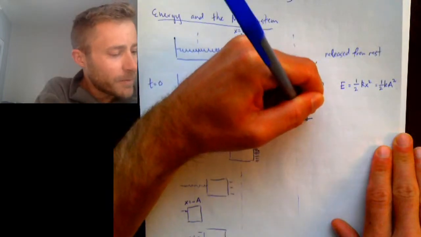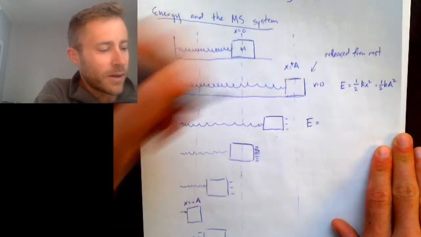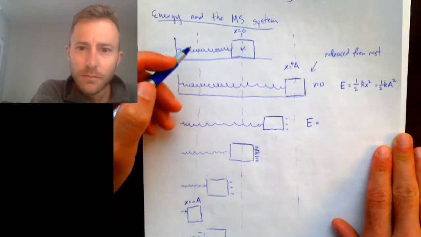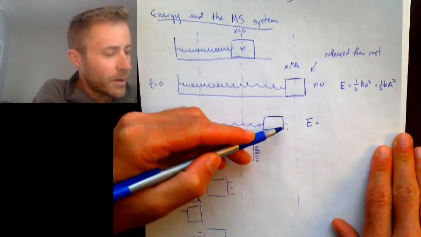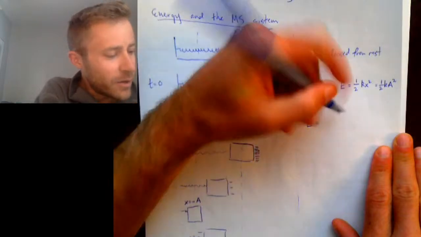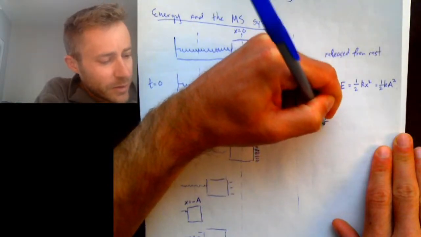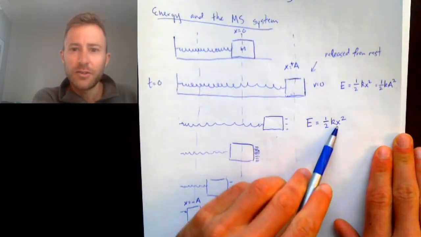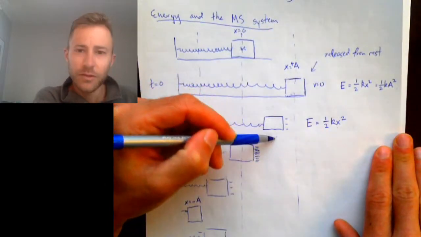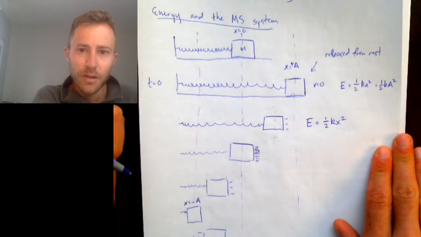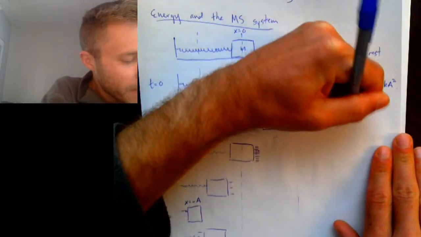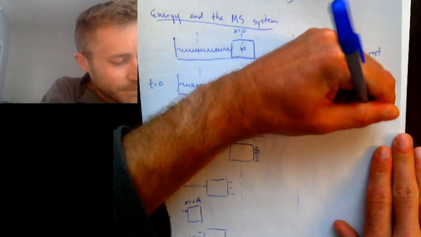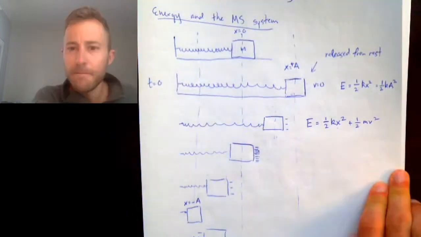So here we have the energy is elastic potential, where the x is whatever the x value of this coordinate is, plus kinetic energy.